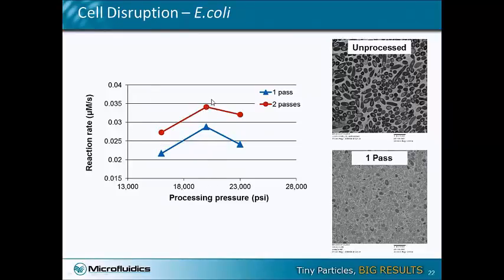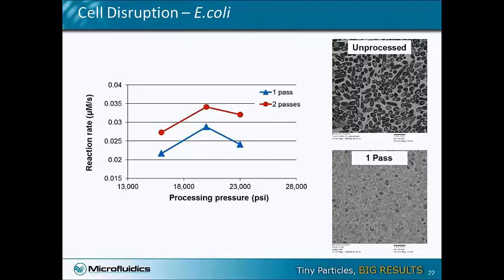After that, if you increase pressure or the number of passes, you will see a decrease in protein recovery, possibly meaning protein denaturation has occurred in the process. So this is the optimum process for this type of cells and application.